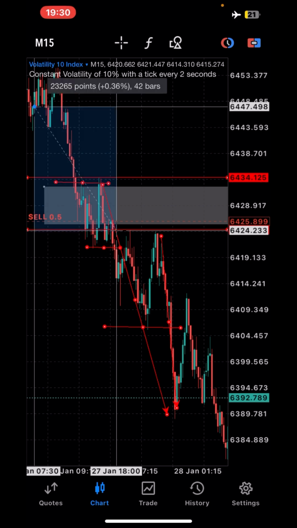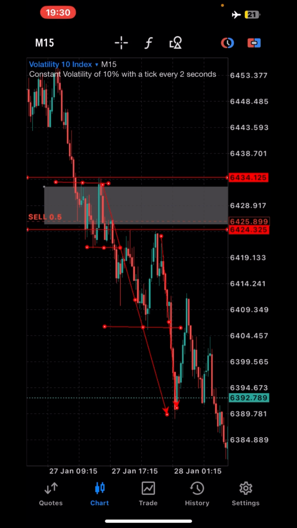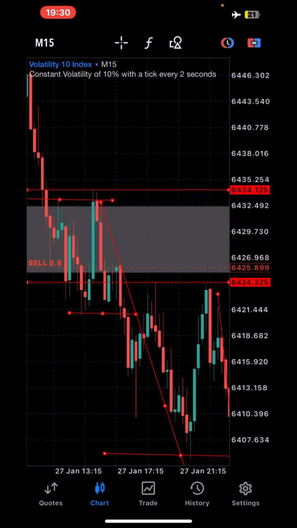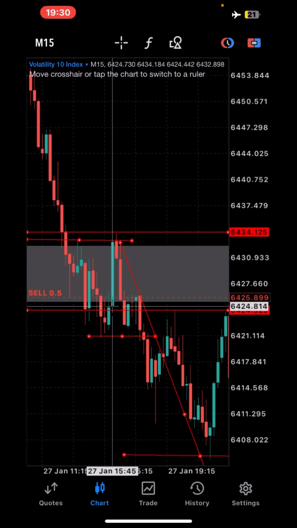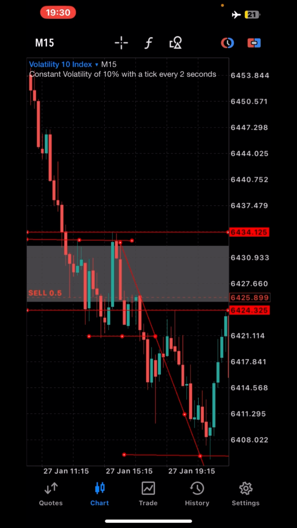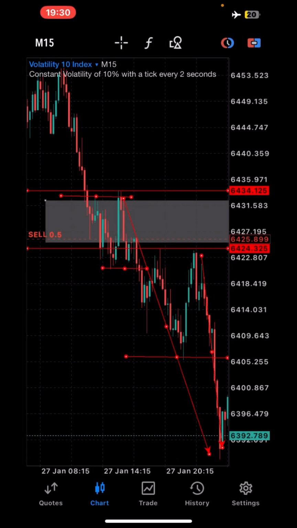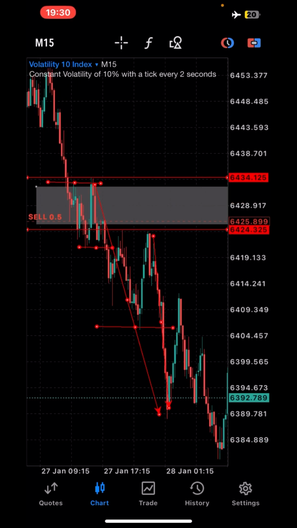So the area between your structural liquidity and this lower high over here, that's our point of interest. We want price to get back into that area and sell from there.